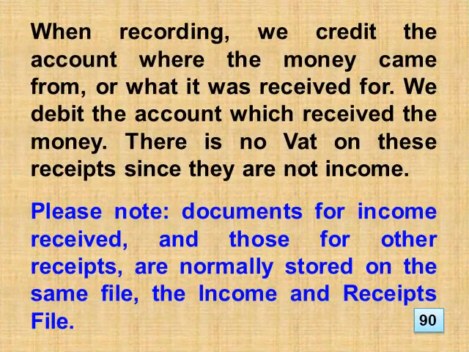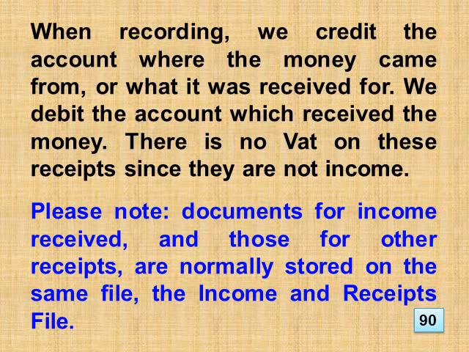When recording, we credit the account where the money came from, or what it was received for. We debit the account which received the money. There is no VAT on these receipts, since they are not income. Please note, documents for income received, and those for other receipts, are normally stored on the same file, the Income and Receipts file.